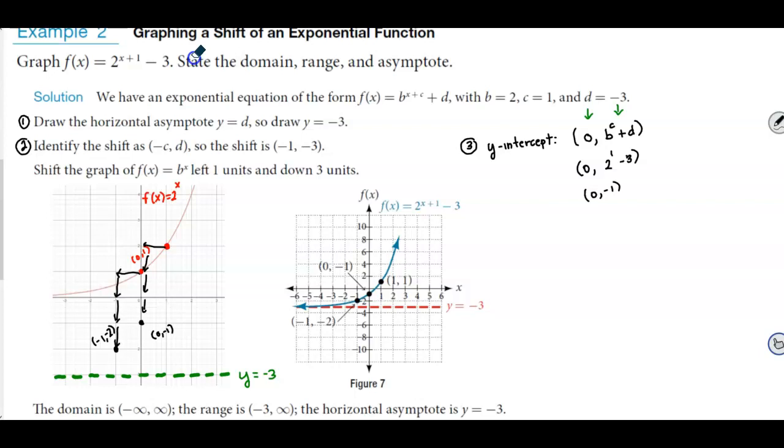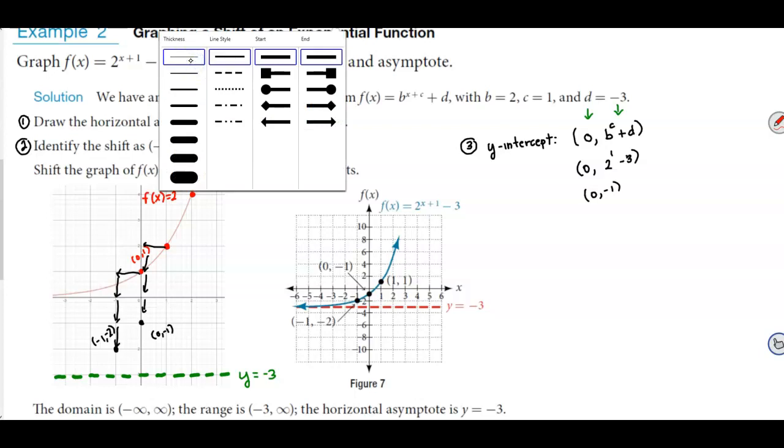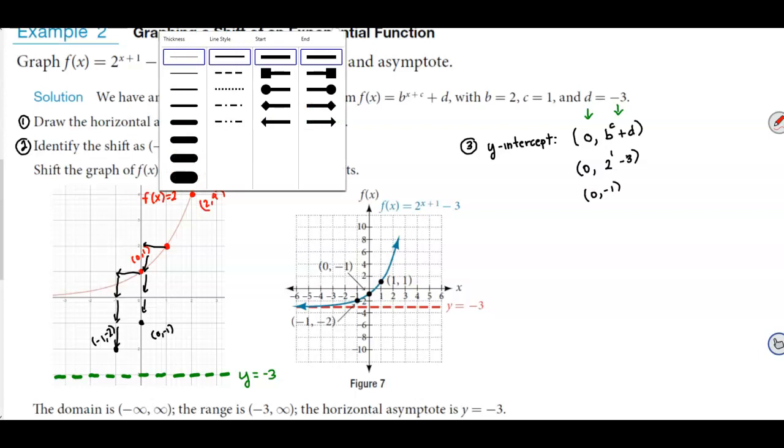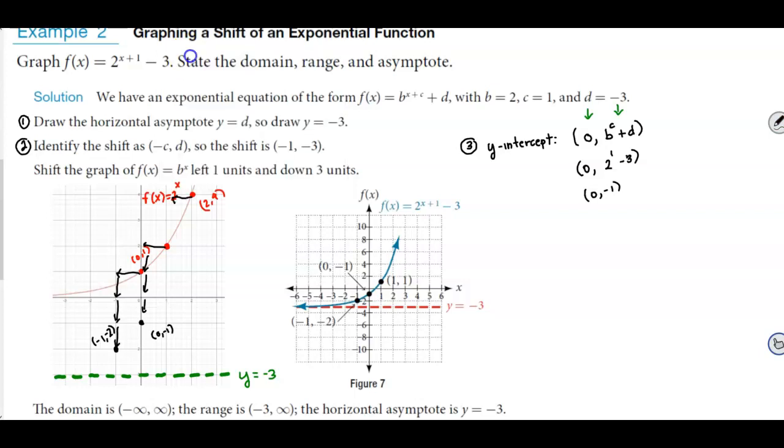Then let's do another shift. Another point on this graph is (2, 4). We shift again: to the right 1, and then down 1, 2, and 3. There is another point on the graph, (1, 1).